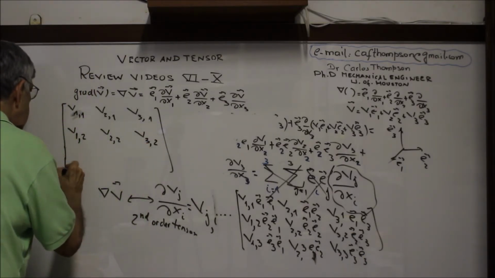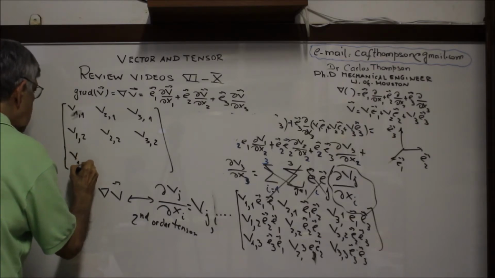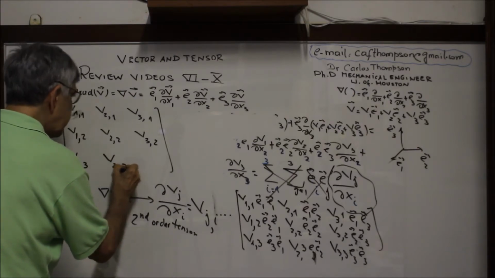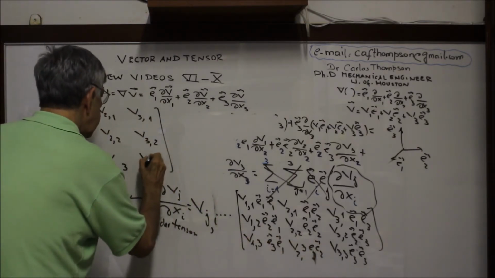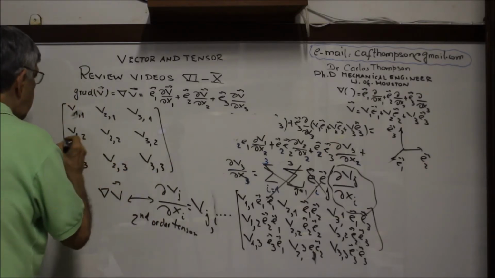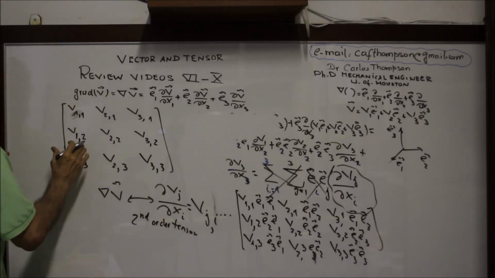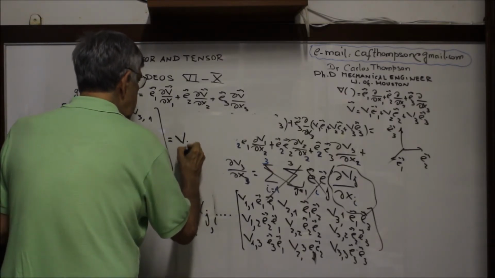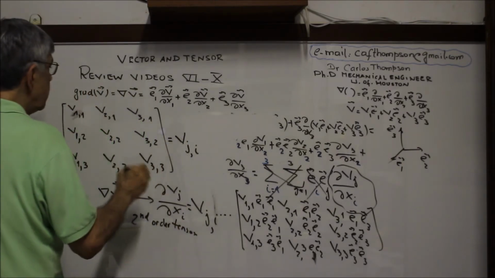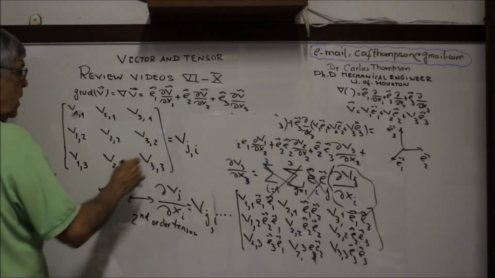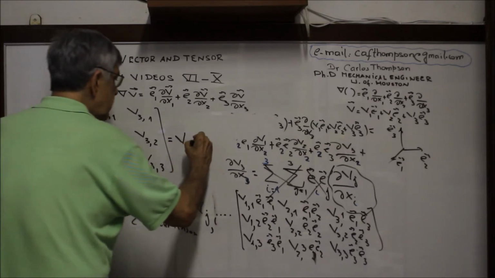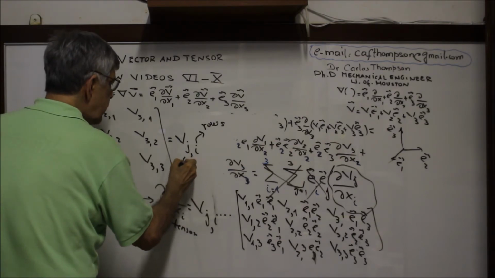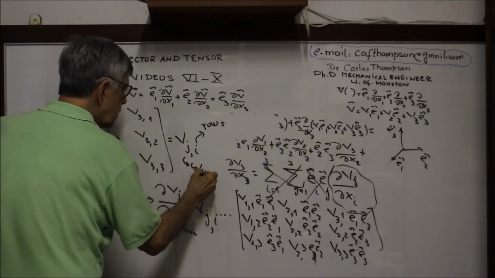The last row will be v1,3, v2,3, and v3,3. So this is the matrix, and the elements of this matrix are v j,i. Don't confuse here because you see, i here represents the rows and j represents the columns.